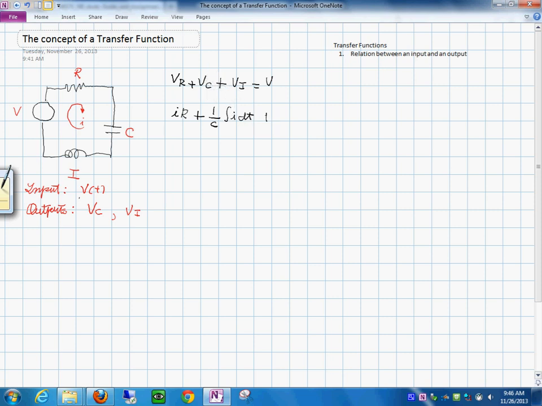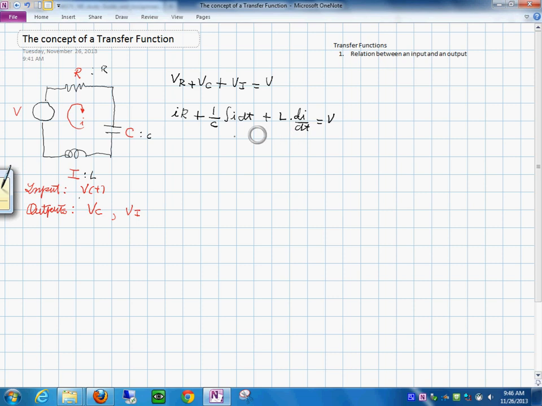And what's the voltage on the inductor over here? Voltage of the inductor is L, I guess in this case. We usually use the value L, this is the value C, this is the value R. Yeah. So this would be L times di dt, right? This is equal to V.